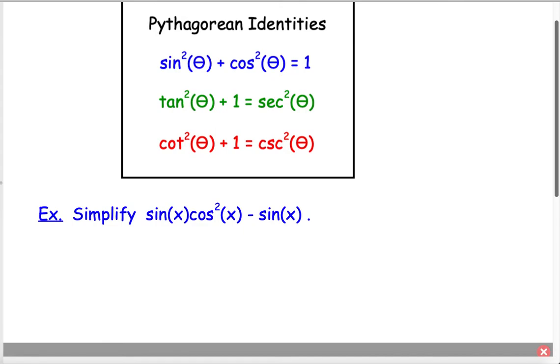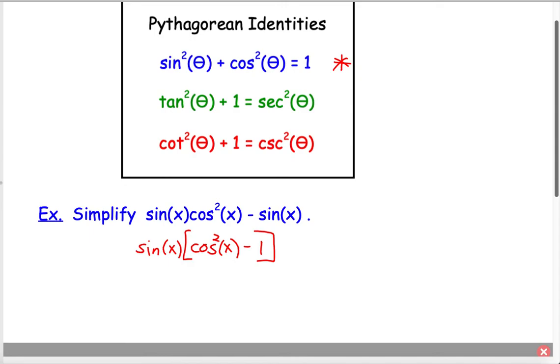I see that I have two terms, and I could factor a sine of x out of those. So let's factor out a sine of x and see what we have. We're left with a cosine squared of x minus 1. Now, cosine squared of x minus 1, that should ring a bell. That reminds me of the first Pythagorean identity.